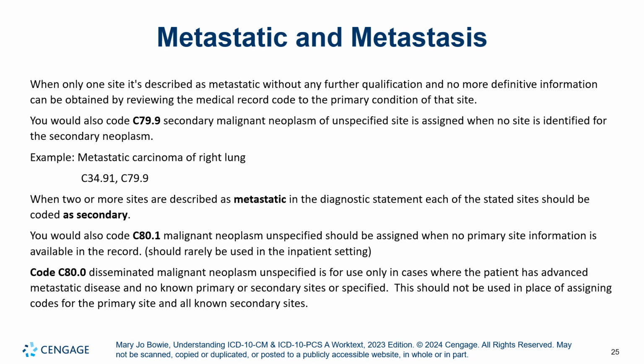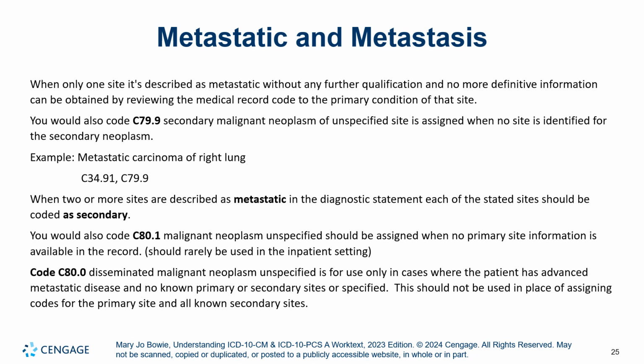So this should be rarely used in the inpatient setting because you should always have more information in an inpatient setting because they're there longer. They're at the hospital. They're not going to discharge them until all of the questions have been answered, usually.